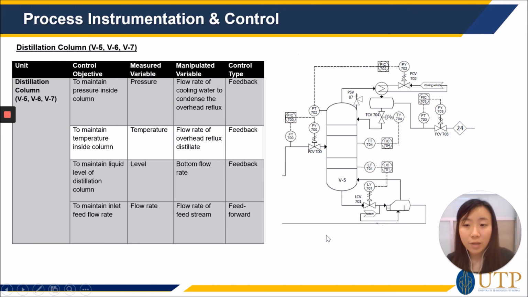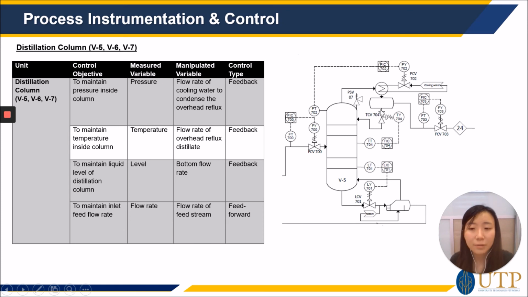So moving on to the distillation columns, there are 3 distillation columns in our process. There are 4 control objectives for the distillation column. First, to maintain the pressure inside the column, we use a common way by manipulating the flow rate of cooling water to condense the overhead reflux here.